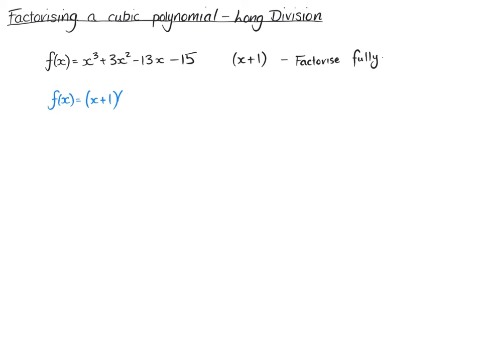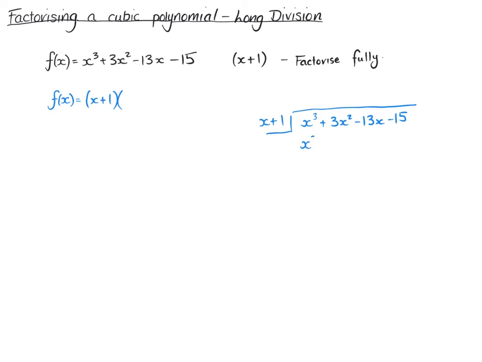So we've got to divide x cubed plus 3x squared minus 13x minus 15 by x plus 1. So to get the x cubed, I have to times x plus 1 by x squared.